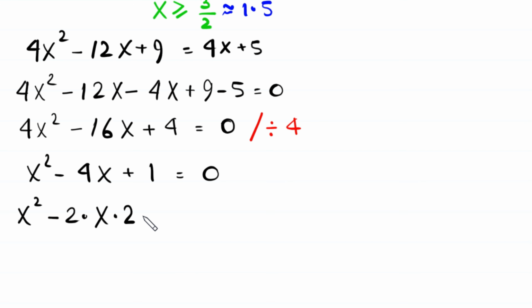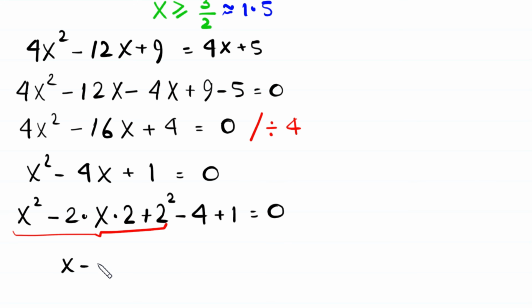To complete the square, we add here 2 squared, and we also subtract 2 squared, means 4, plus this 1 equal to 0. This x squared minus 2 times x times 2 plus 2 squared will become x minus 2 whole squared, and negative 4 plus 1 is negative 3 equal to 0.